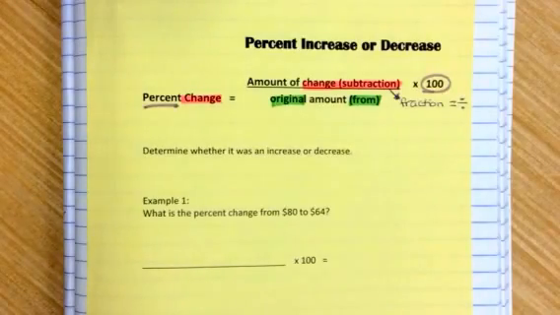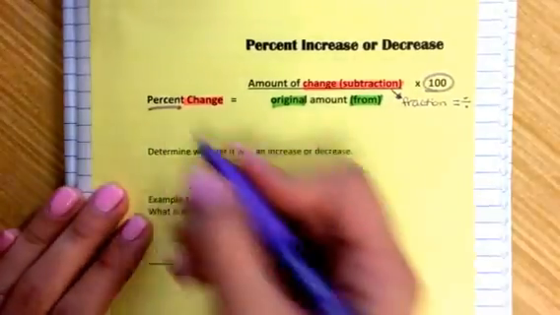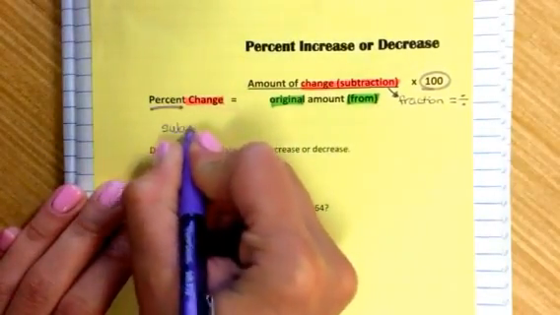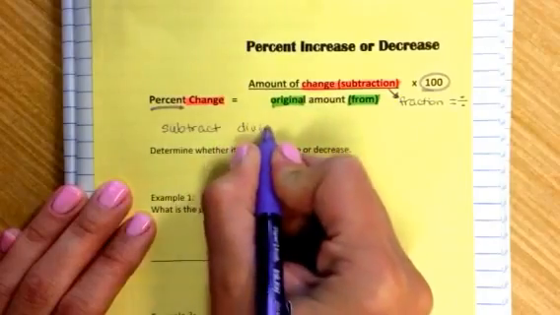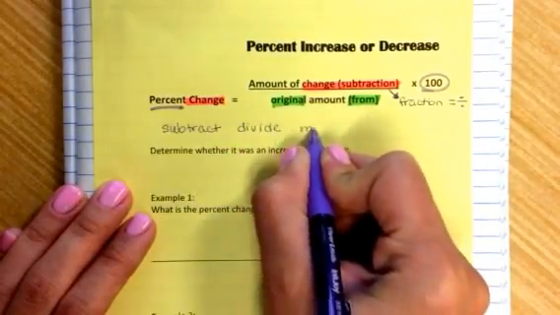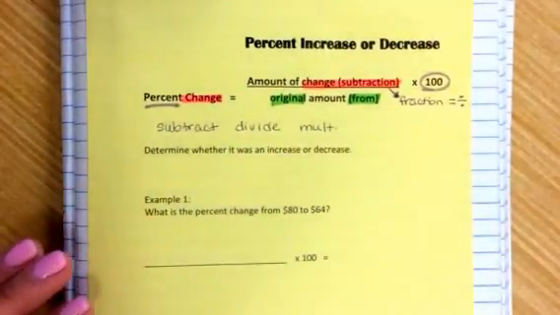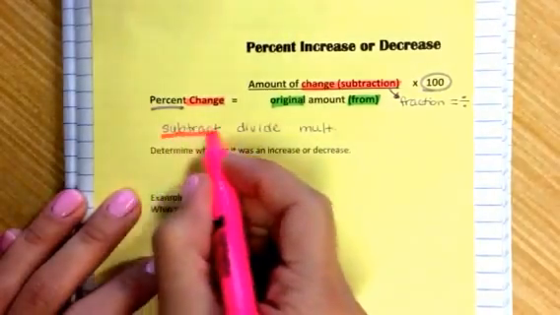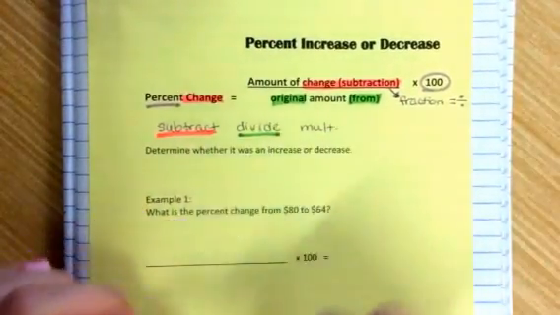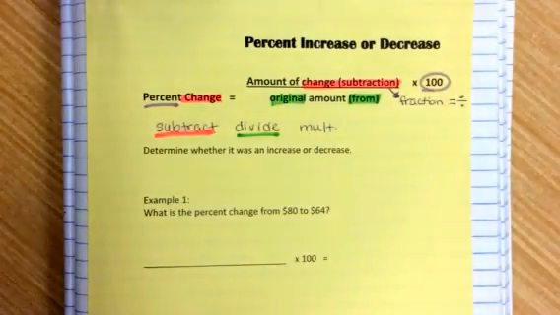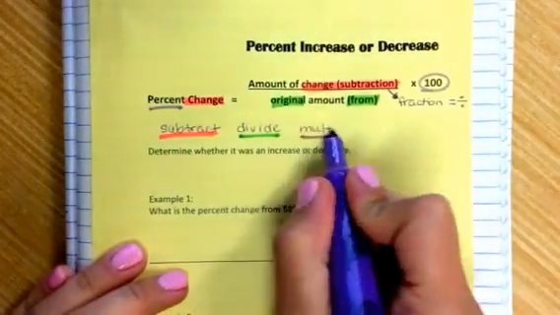So this is going to make a little bit more sense once we start doing it. Just remember that you have 3 steps. You first subtract, then divide from the original amount, and then multiply.